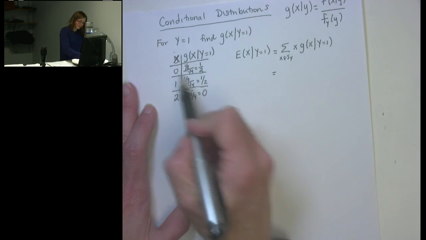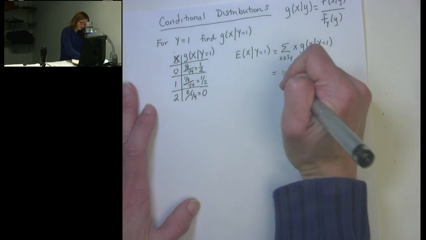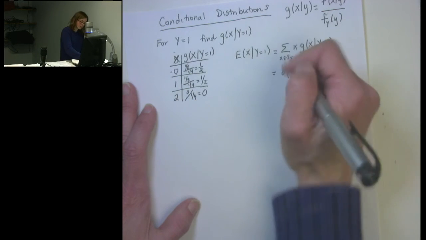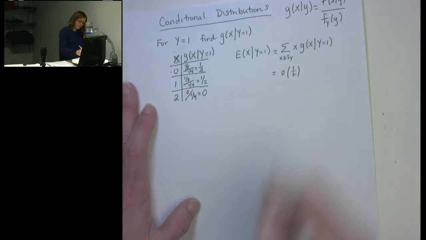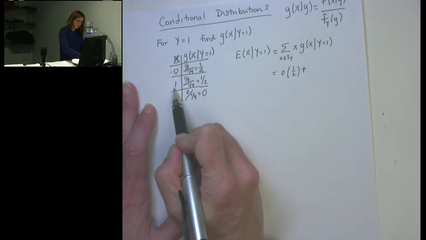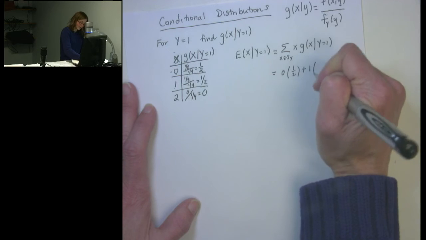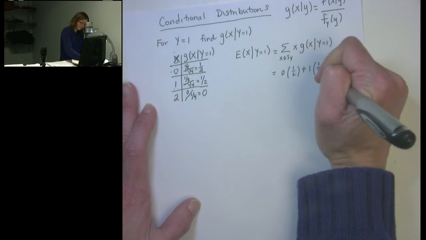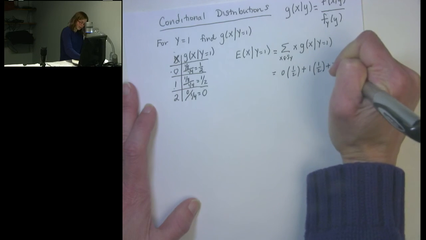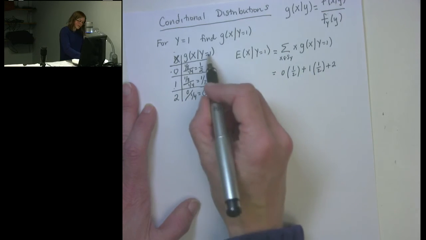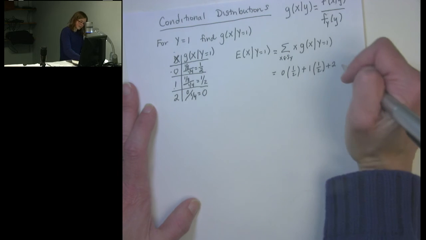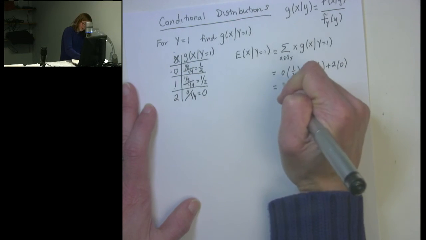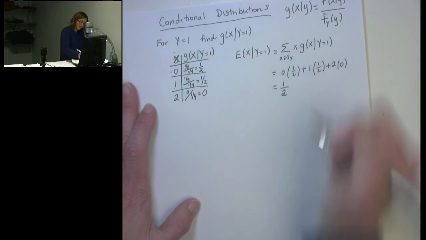So I come over and I say, okay, I've got x is equal to 0, and the conditional probability of that, if y is equal to 1, is 1/2, plus x might be equal to 1. And if I know that y is equal to 1, the chance of that being the case is 1/2. I've got x of 2, but if y is equal to 1, the chance of that happening is 0. And so my expected value of x, given that y is equal to 1, is 1/2.